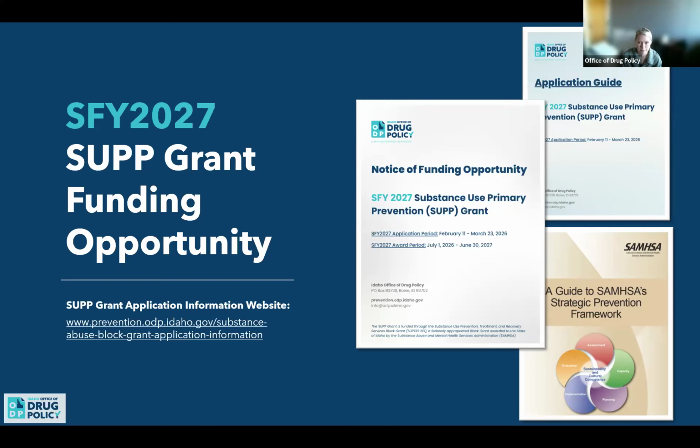So a lot of resources in the application guide, as well as other resources on the Strategic Prevention Framework. All of this information on the funding opportunity and these resources are on that website.